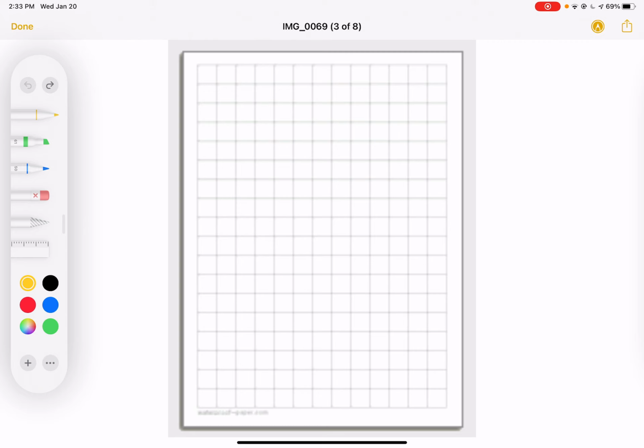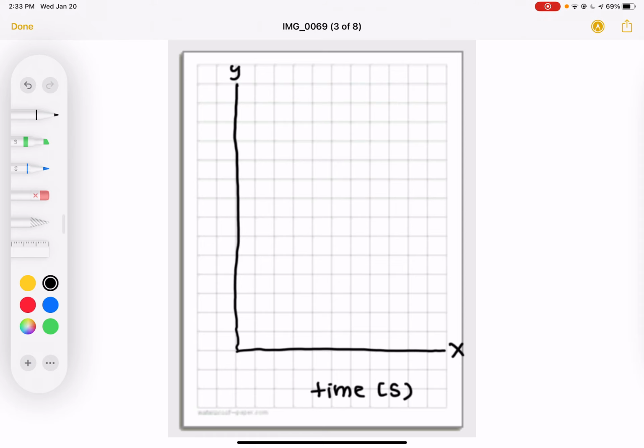On our graph, when you're drawing a graph, this is not going to be exact because I'm drawing it by hand. Our x-axis is always going to be time, and in this case, it's time in seconds.